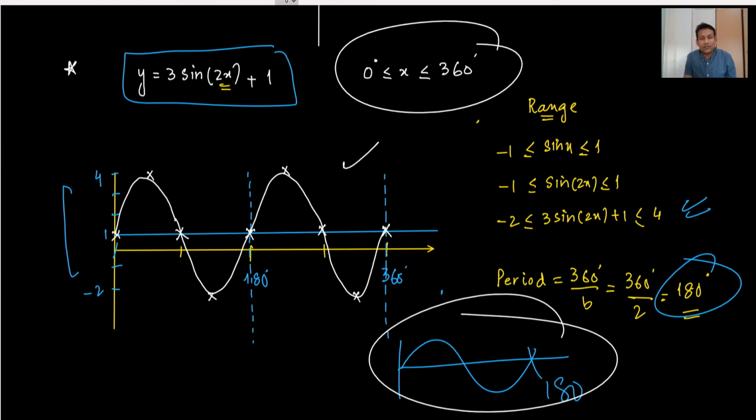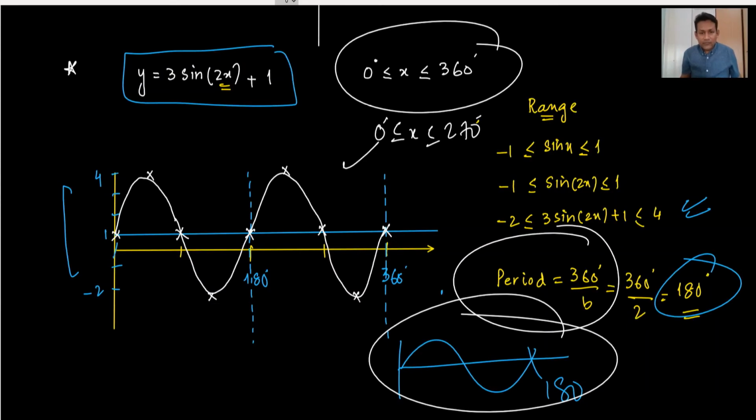This domain is not 360 degrees, only 270 degrees. The same question. Let's see. The domain is 0 to 270 degrees. So please remember, this will not affect the period. This is fixed, 360 upon B, 360 upon this, 180 is coming. Good. But your curve will end at what?